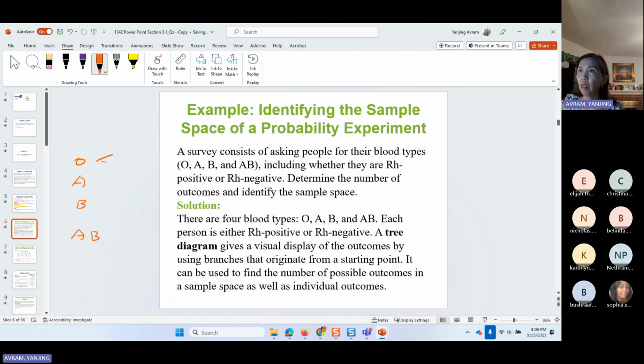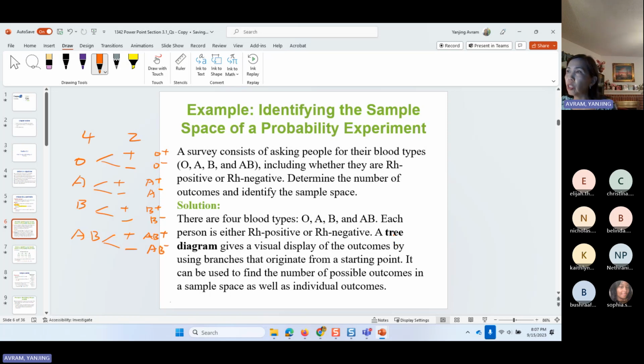Each one of them has a positive and a negative, so each one has two outcomes. This is four outcomes, and then this is two outcomes. So we have O positive, O negative, A positive, A negative, B positive, B negative, and then AB positive, AB negative.